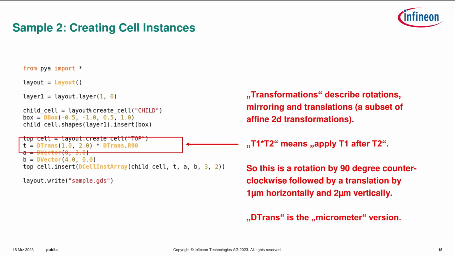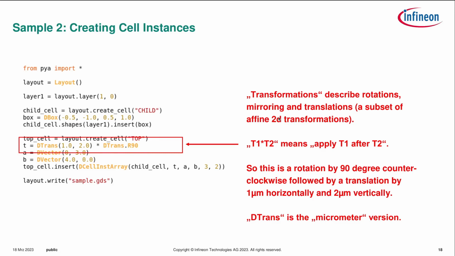So, coming to the script. Everything else before is already known. It's like what we discussed before. Now we see something that is a very important concept inside KLayout: the concept of transformations. A transformation is an object that describes a displacement, a rotation, and a mirroring operation. In this case, we have simple transformations, so that means the rotation is confined to multiples of 90 degrees.